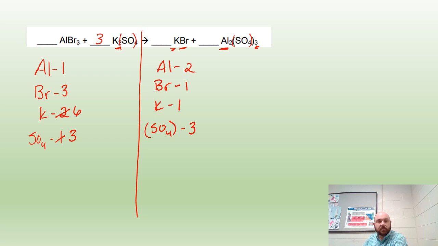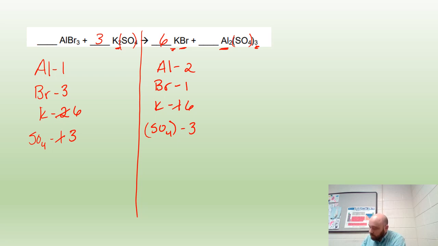I could adjust the potassiums on this side by putting a 6 here, which would give me 6 potassiums. And then I still have to adjust the aluminum and the bromine.